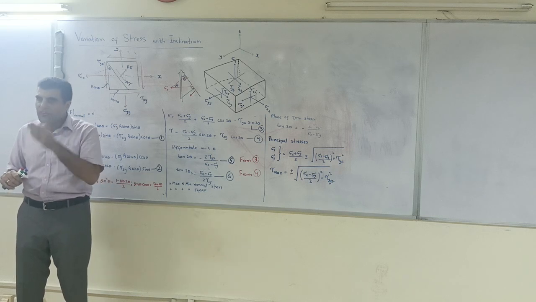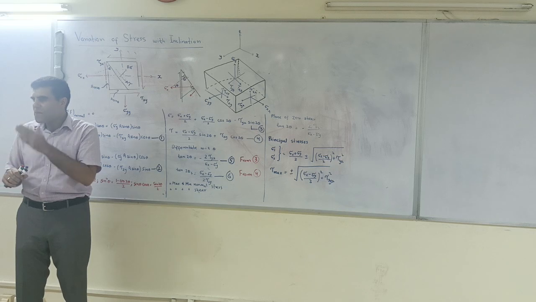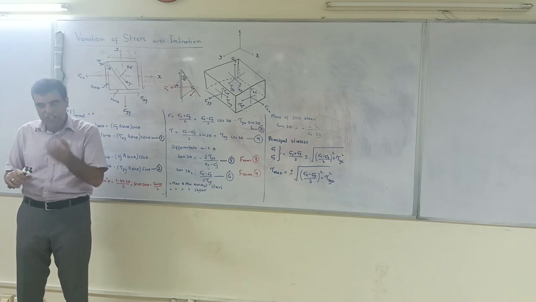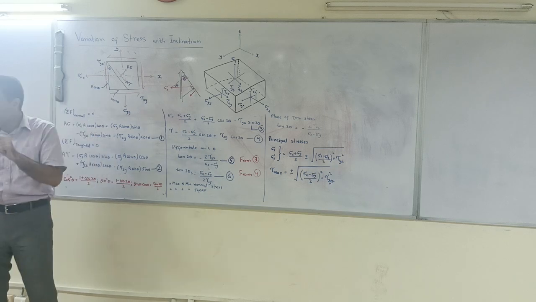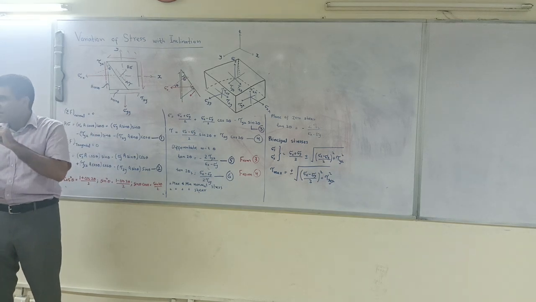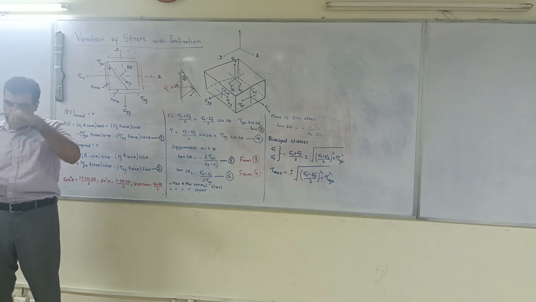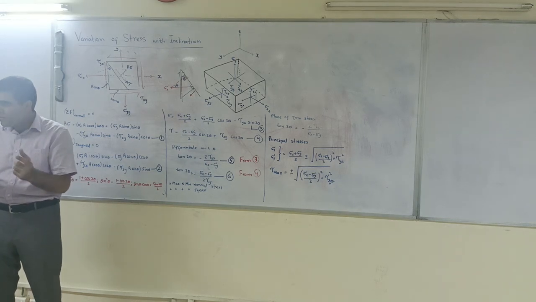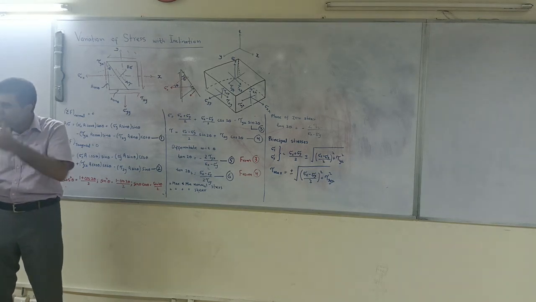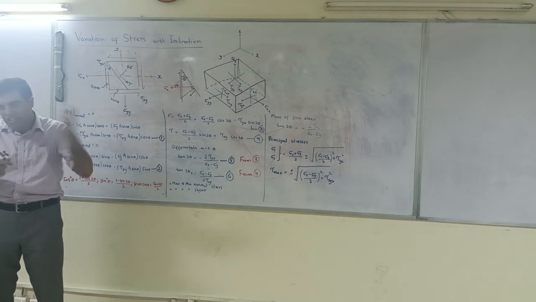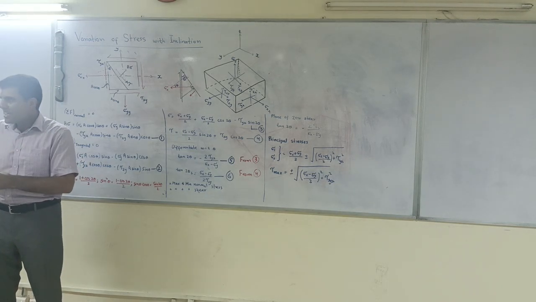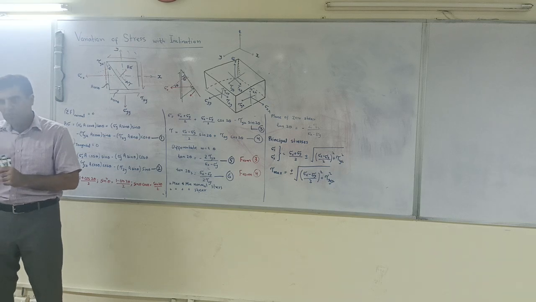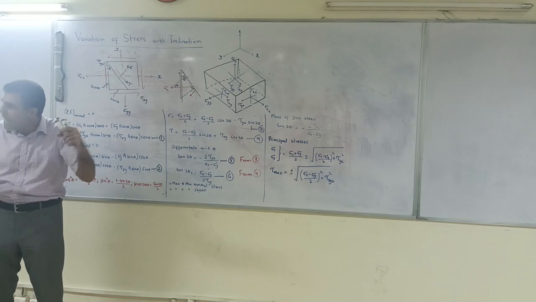But because tangent is a trigonometric function, it changes its direction after a certain orientation, which is called the period. So at one period you will have one value, and at another period you will have another value.